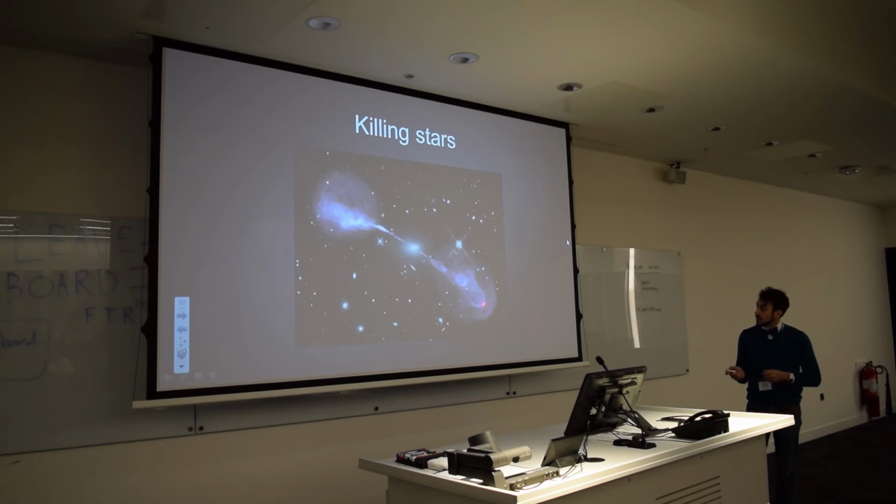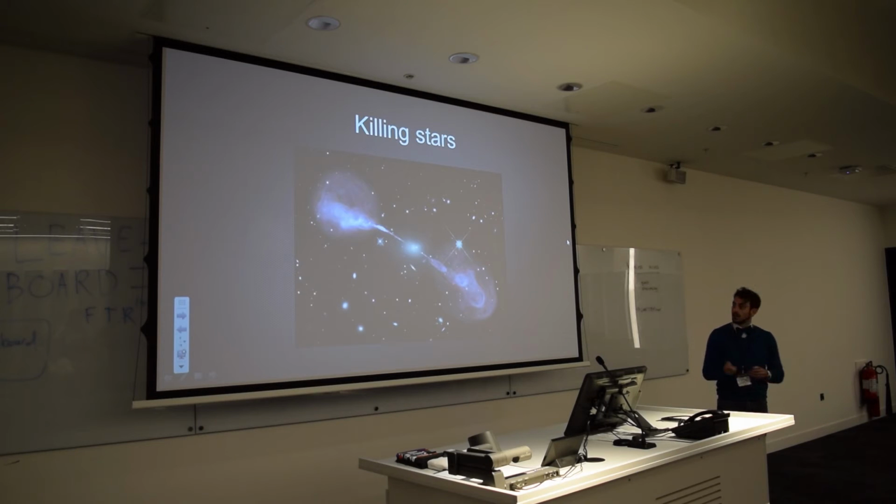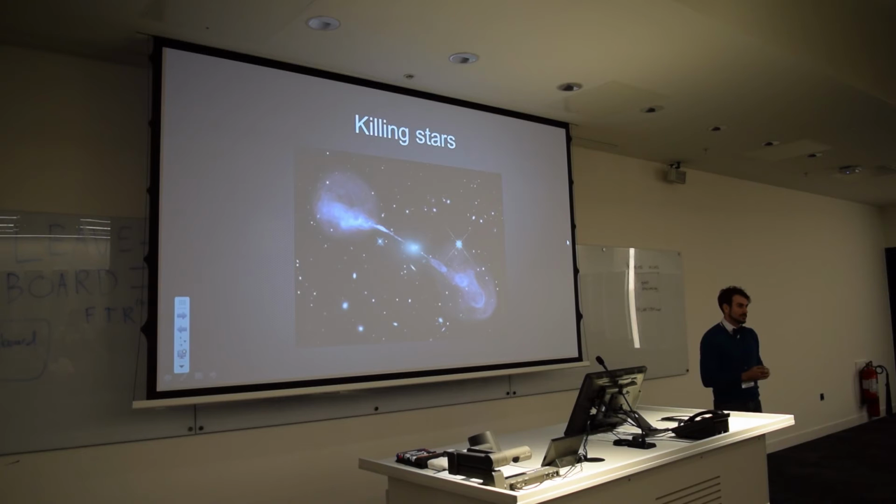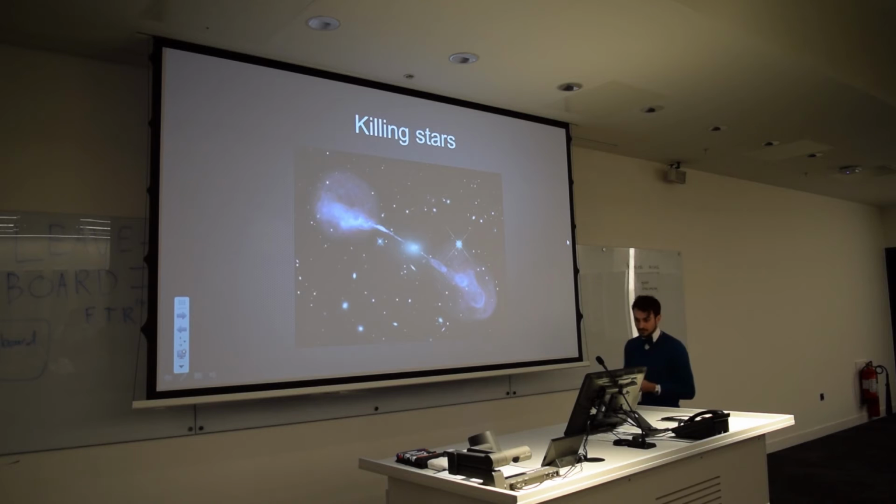And these are the emission of the gas from the black hole. You can see that from here to here is about 5 million light years, which is even further than our closest big galaxy, Andromeda, that is only 2 million light years away.